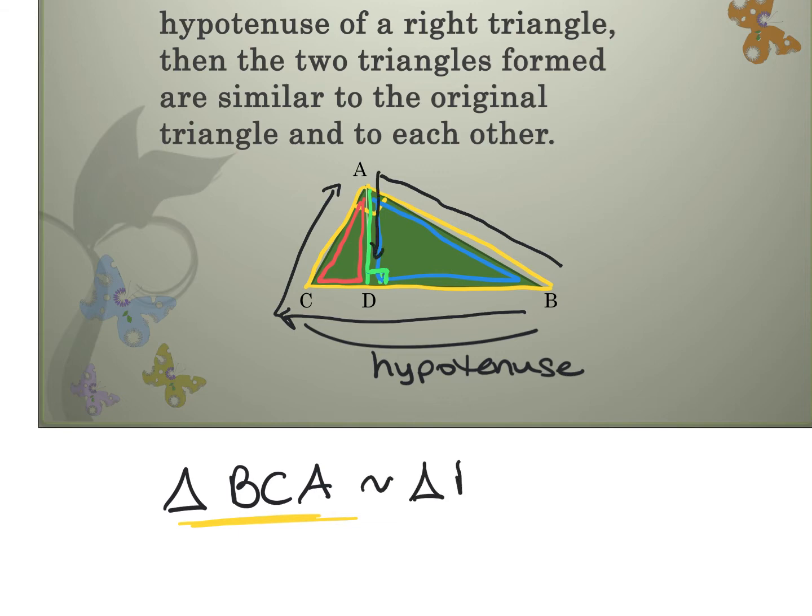So I'm going to say BAD. And then for the red one, again, I'm going to go up the hypotenuse, which is the AC, and then over the shorter leg to the right angle. So from A to C to D. And this would be your similarity statement. This was for the blue. So be able to match everything in this picture.